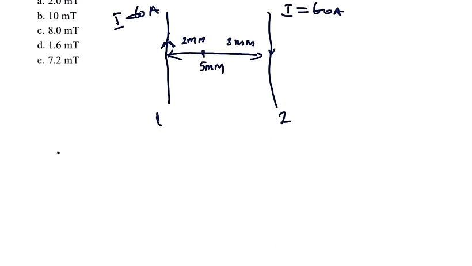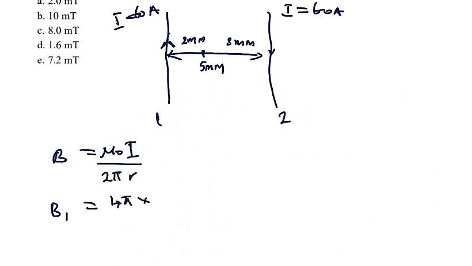B equal to mu naught I divided by 2 pi r. For the first magnetic field, we'll have 4 pi times 10 to the power minus 7 multiplied by 60, divided by 2 pi multiplied by R1.